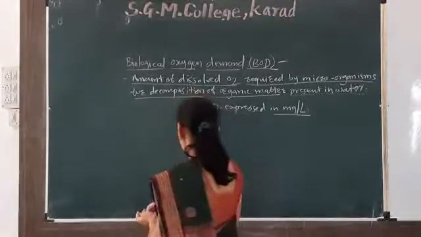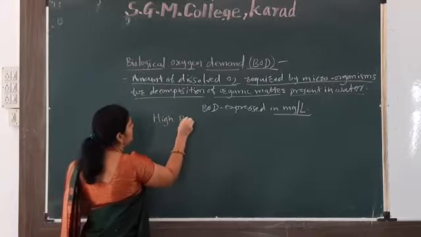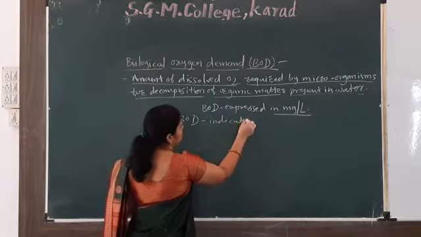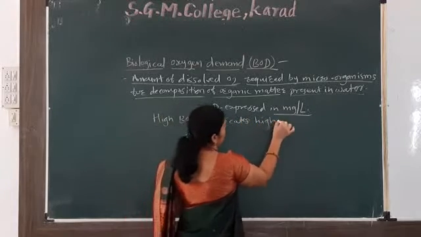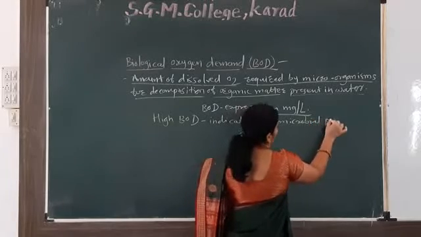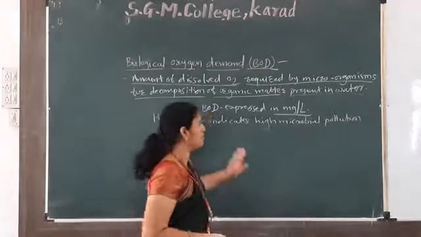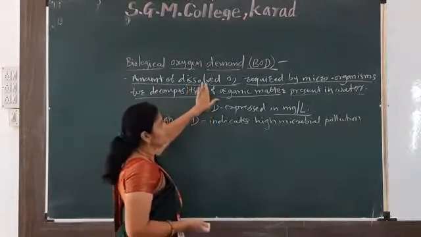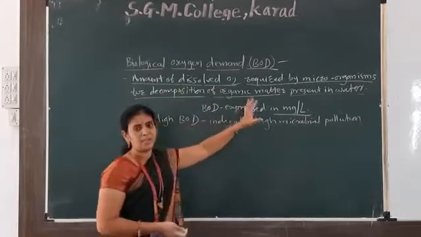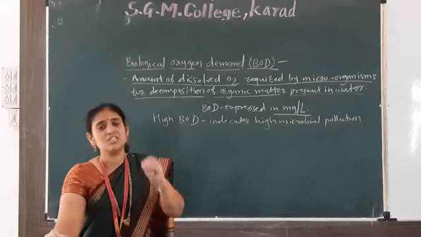So here we have to understand, when there is high BOD, it indicates high microbial pollution in water, because the amount of dissolved O2 required by microorganisms for decomposition of organic matter present in water, that is called a biological oxygen demand.